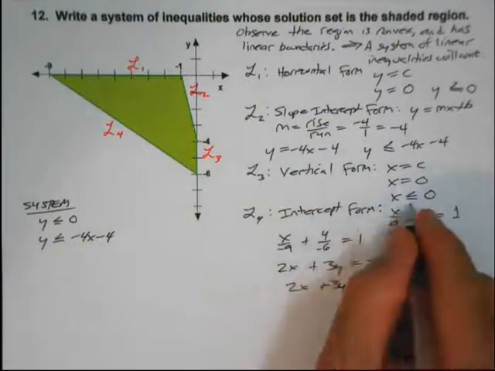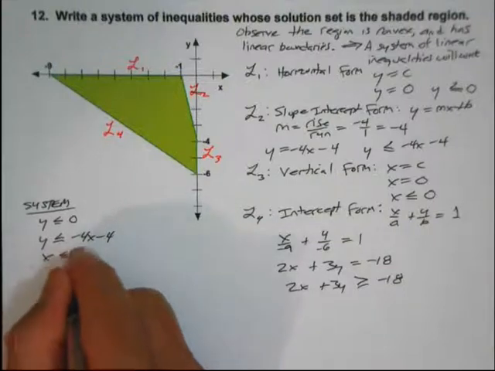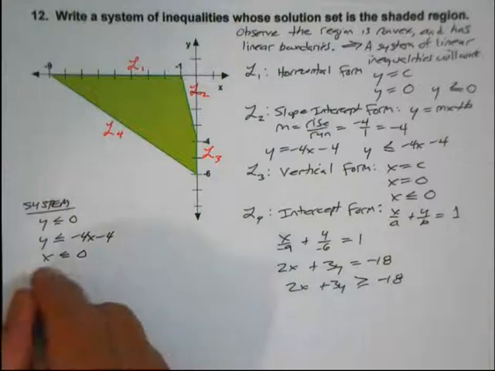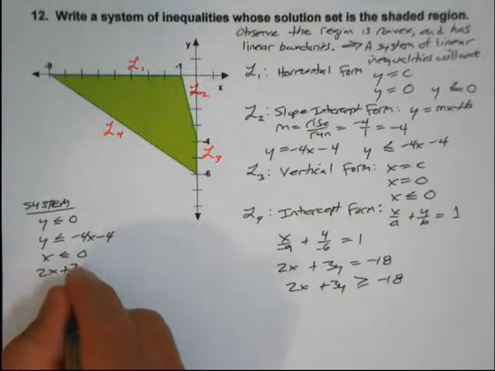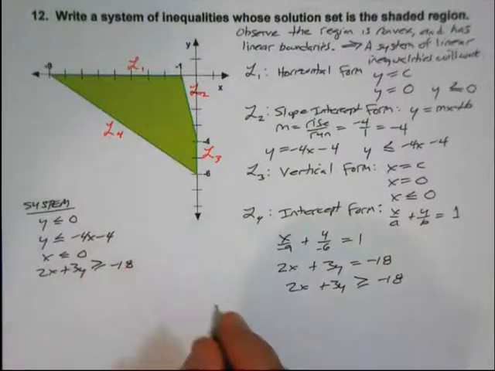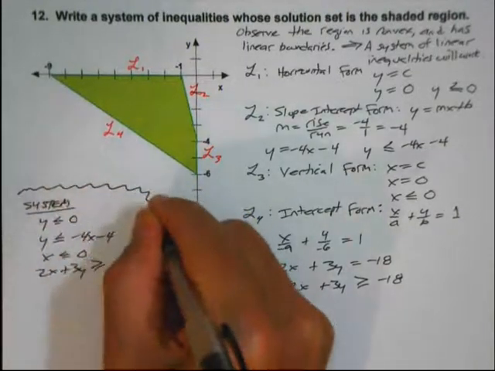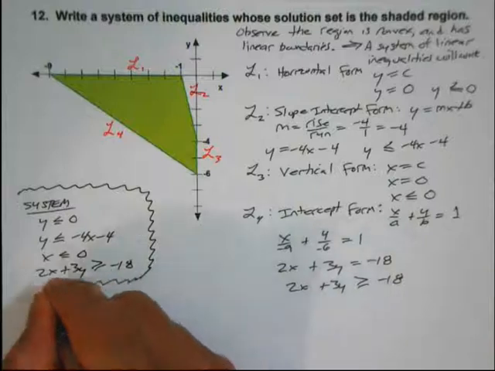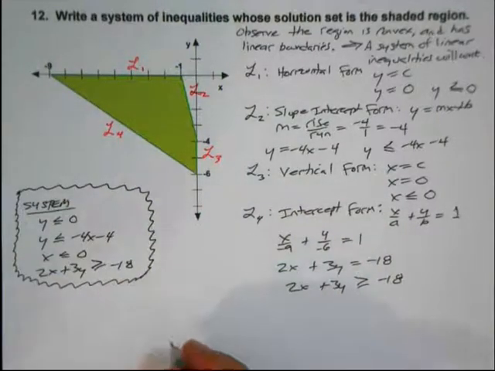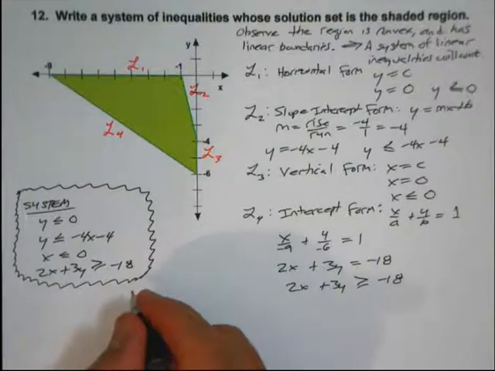We also include x less than or equal to 0. We also include 2x plus 3y greater than or equal to negative 18. We want our final conclusive answer to kind of jump off the page, hence the cloud encircling here.